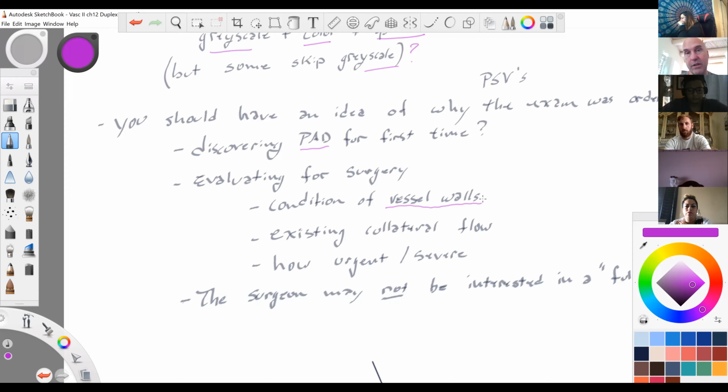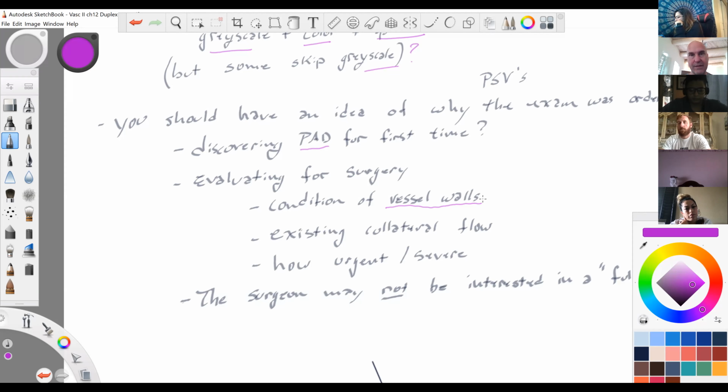perhaps then you have a really good excuse to go straight to the dorsalis pedis, straight to the medial malleolus, finding arterial flow there, and reporting back to the doctor, hey, this is a known patient. We know we have multi-level stenosis. And by the way, I couldn't find flow in the dorsalis pedis, and there's barely anything in the other artery.